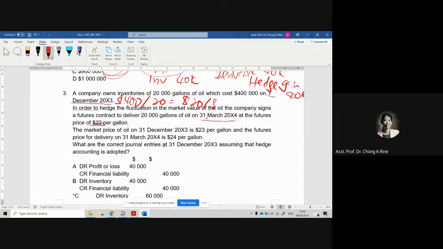The spot price of the oil on 31st of December is $23 per gallon, and the future price on 31st of December 2000X3 to deliver the gallon on 31st of March next year is 23 per gallon.